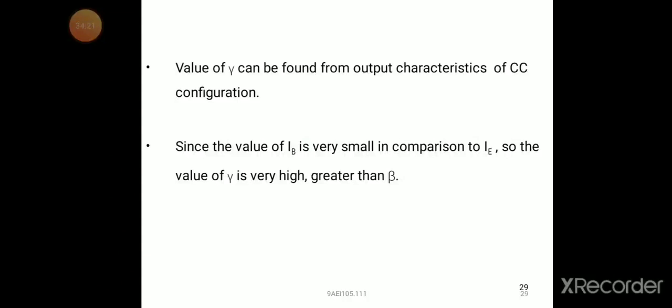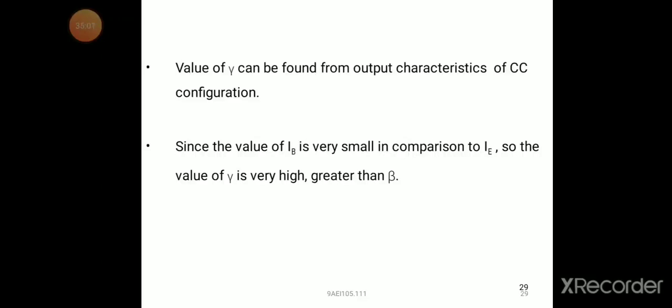We also discussed the definitions of alpha, beta, gamma. Alpha is from the common base configuration, beta from the common emitter, and gamma from the common collector. These are called the current amplification factors or current gain of a particular configuration.